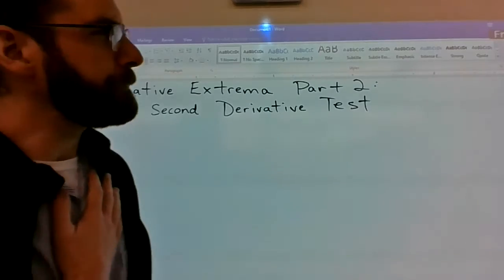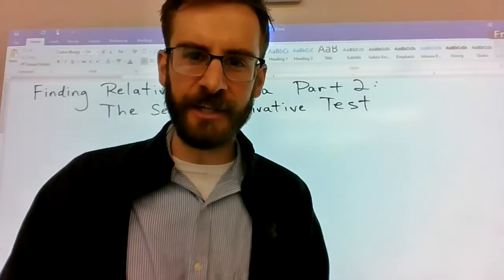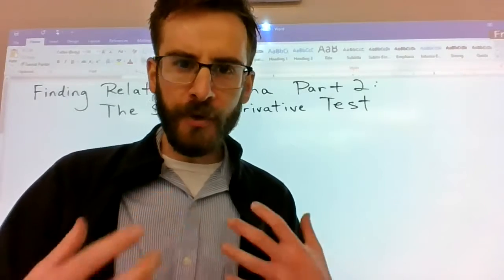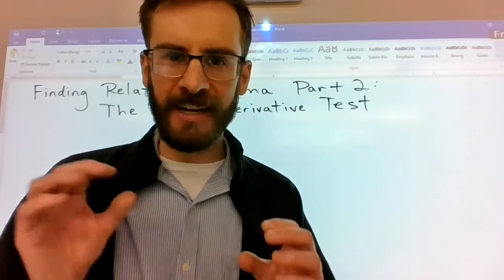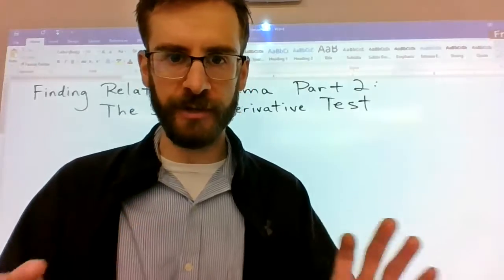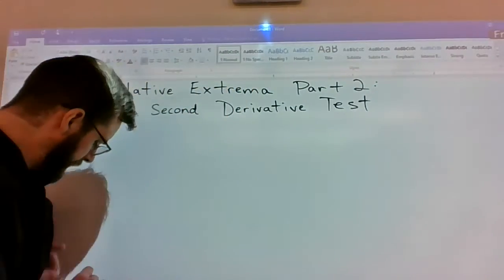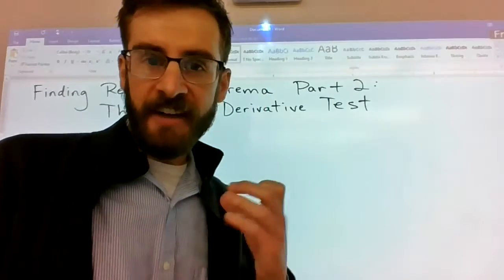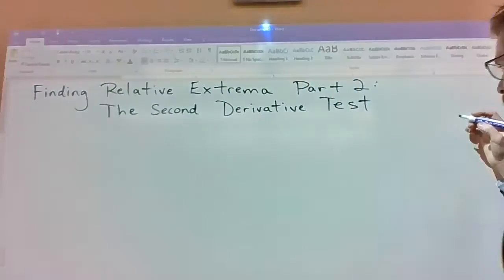I really like the second derivative test because it shows whether or not you really have an understanding of concavity with respect to the intervals of increasing and decreasing. So think about this. Let's say you have a function that operates in this way.